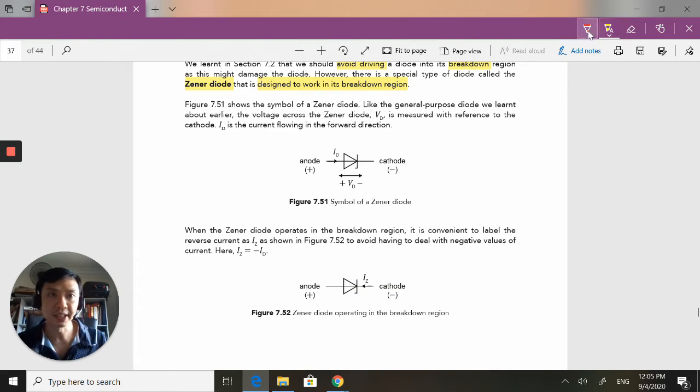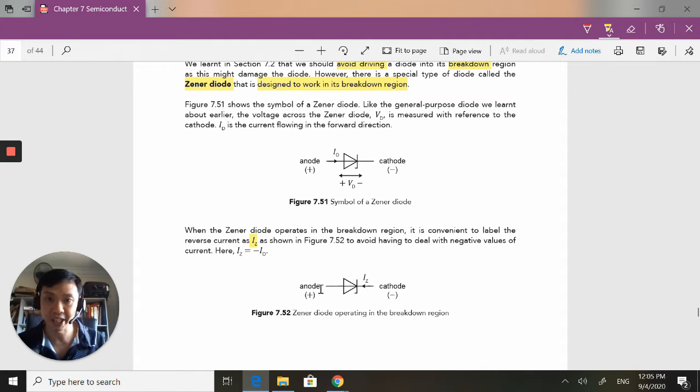Now, a Zener diode has what we call IZ, the current running through the Zener diode. What I taught you in the previous subchapters was that we have a current running from the anode to the cathode. For a Zener diode, the opposite holds true.